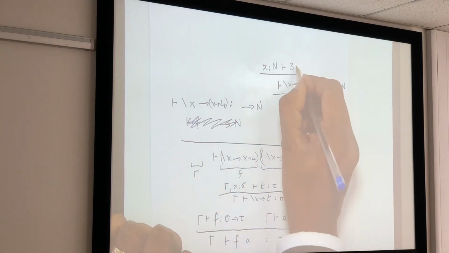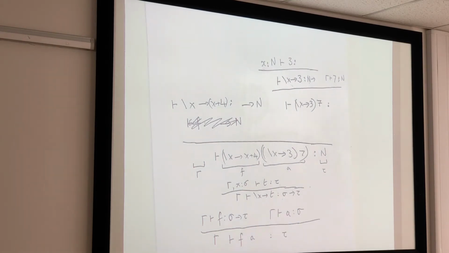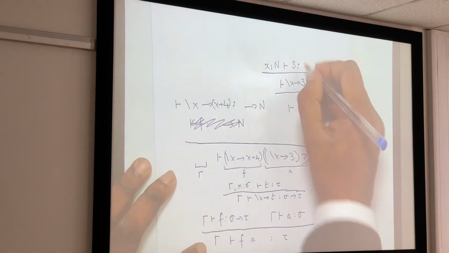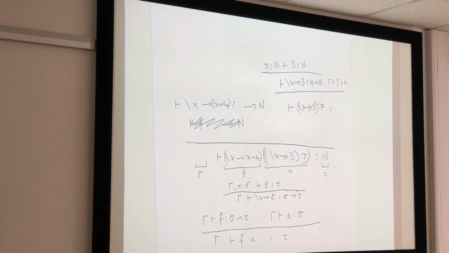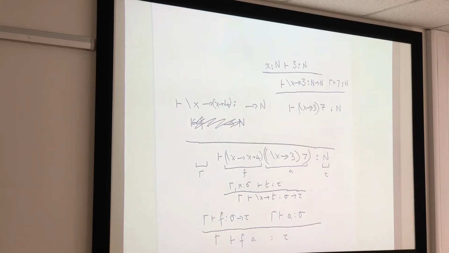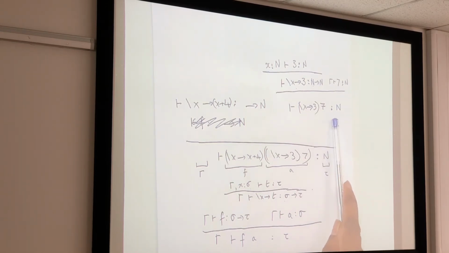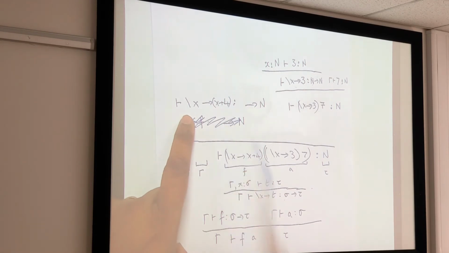And then I'm going to have to show that 3 has some type. But I know the type of 3, it can only be the natural numbers. Which means this has to be the natural numbers, which means that has to be the natural numbers.